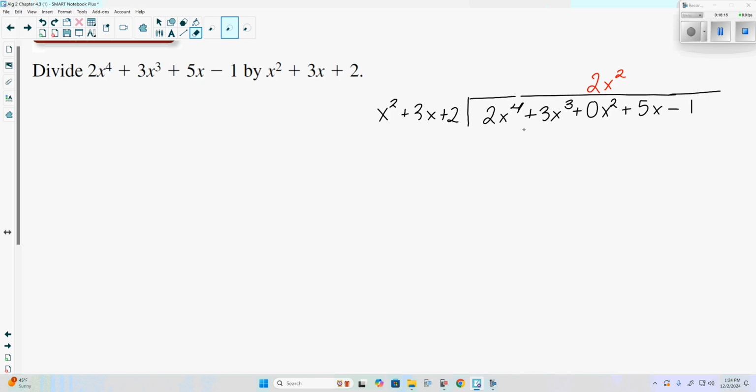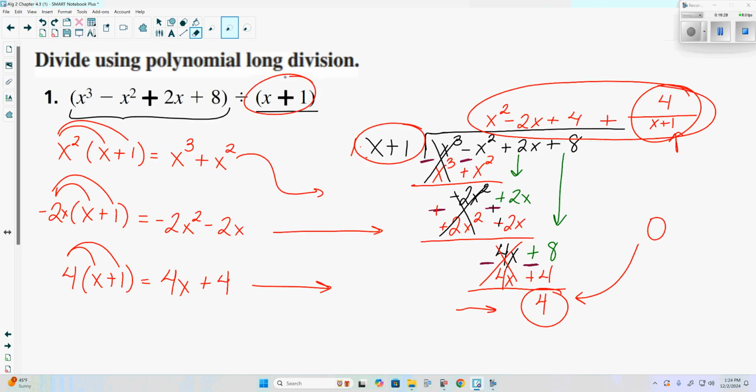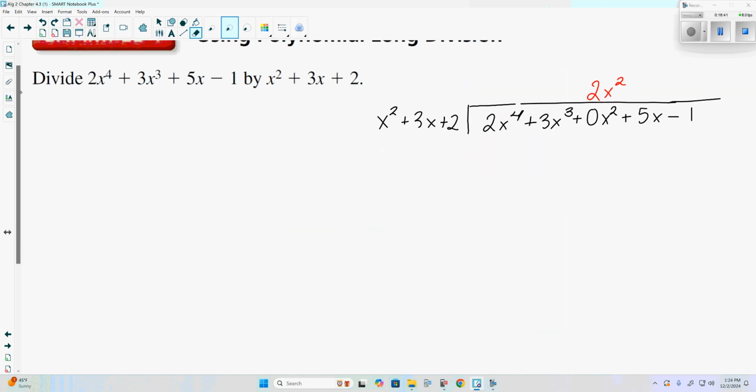Because it's what? 1, 2, 3. That's where we're starting. If that's true, let's look at the previous one. What's outside? How many terms do I have? 2. Yes? That means we would go over 1, 2, and we start off with, we're just lining them up. Questions on any of this so far?